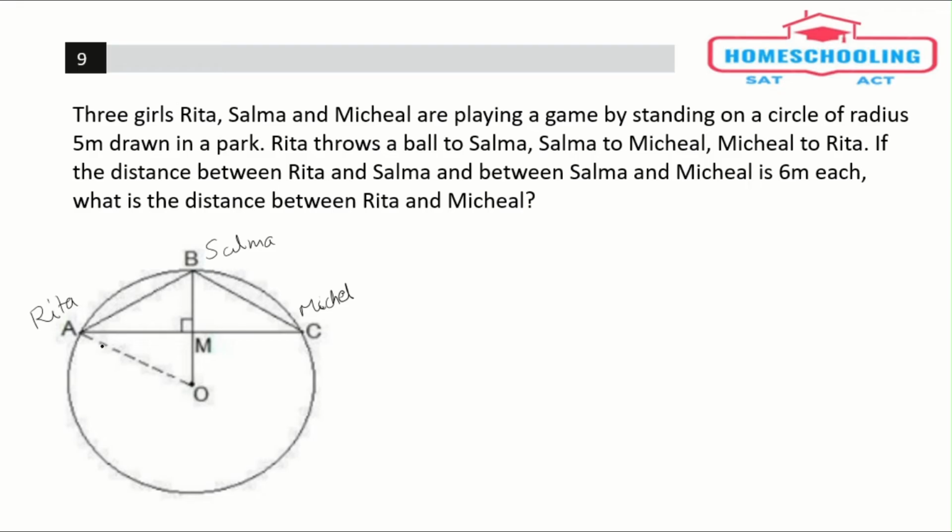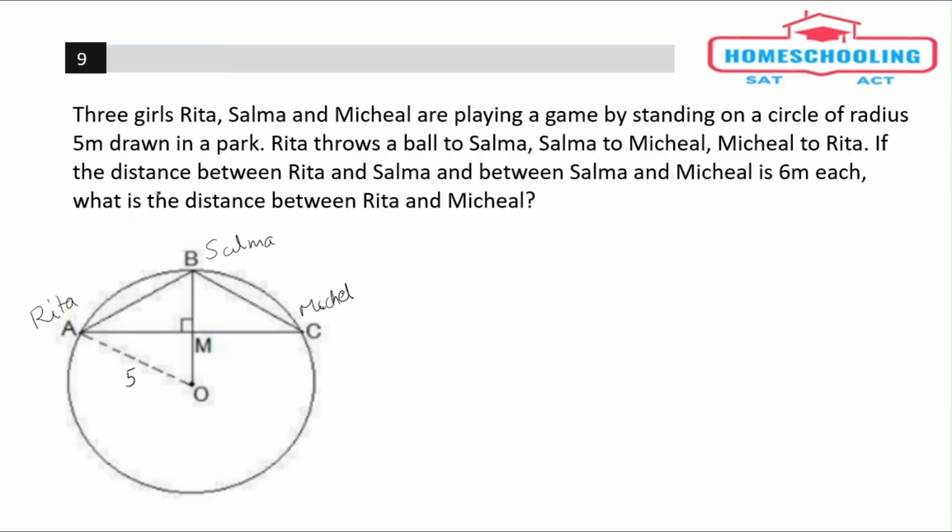So the radius OA is 5. Rita throws a ball to Selma, Selma to Michelle, and Michelle to Rita. So they're throwing balls like this to each other.